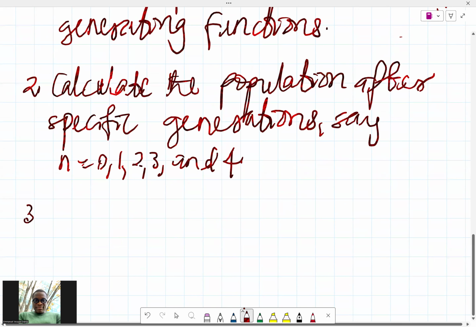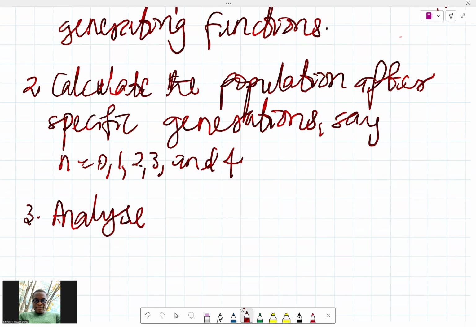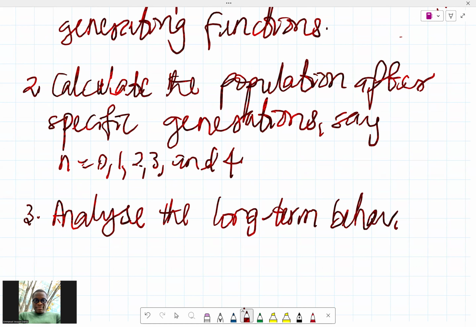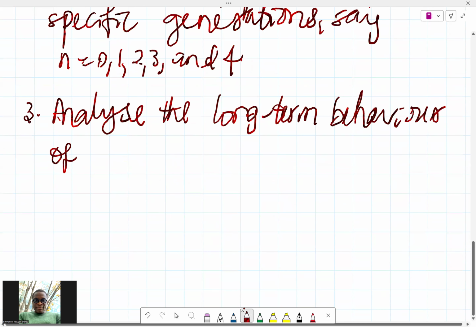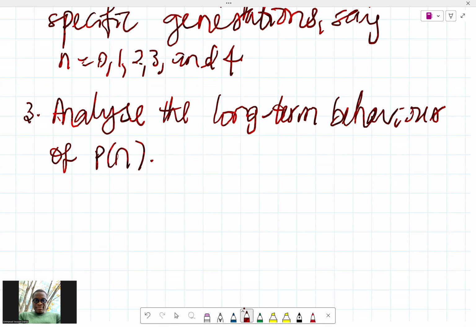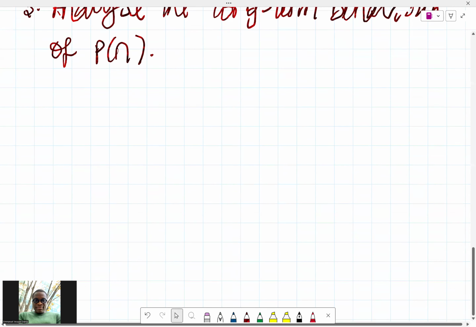And three, finally, analyze the long-term behavior of P(n). So that's the question right there. Let's go on now and deal with that.